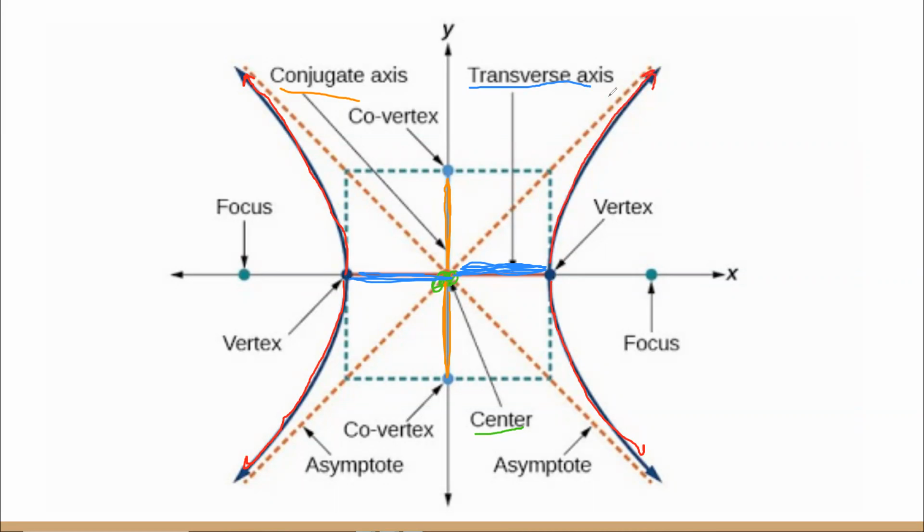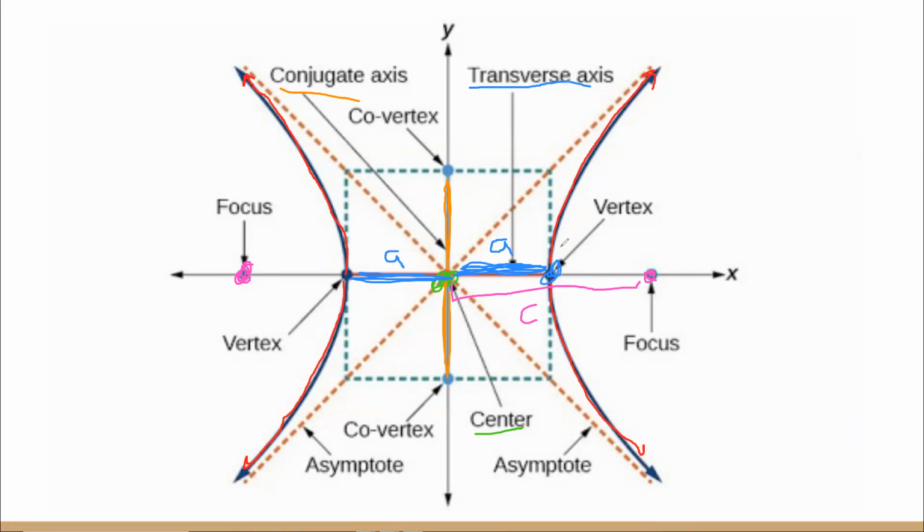All right. The focus, or the two foci, they're always going to open up into the hyperbola. And we'll explain how to find that. And just like an ellipse, it's going to be c units away from the center. All right. If we look back at the blue and the orange lines, the number under x squared, if that's a squared, we take the square root of that to find a. a is the distance from our center to our vertex.